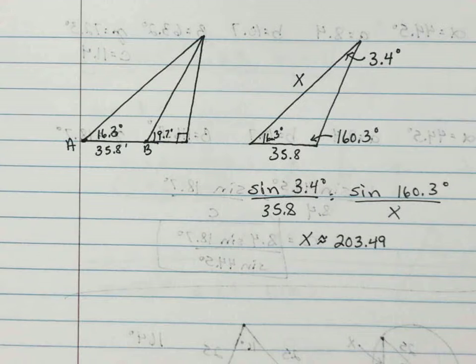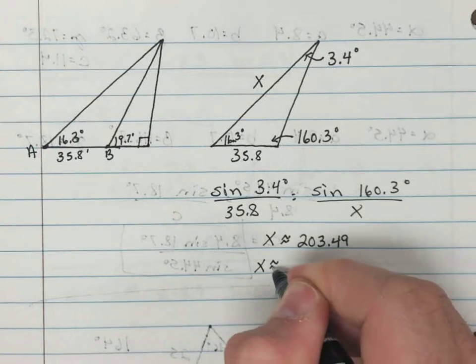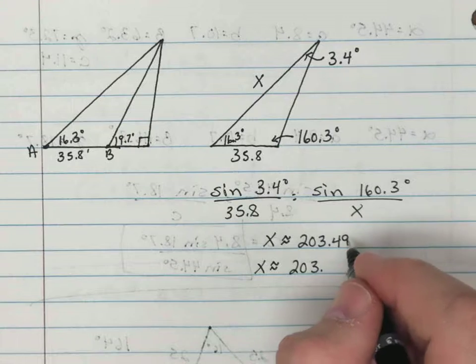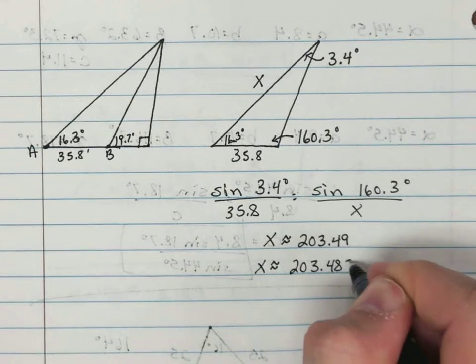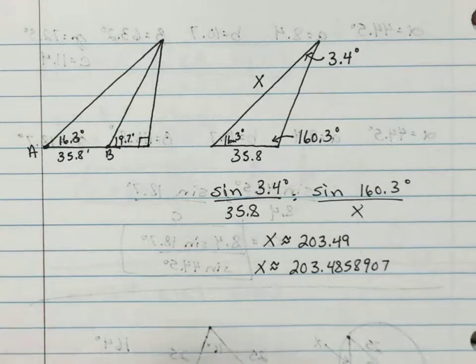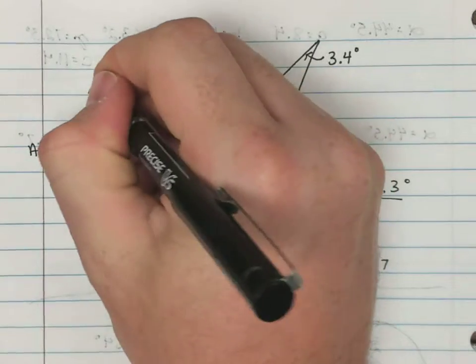But what you're going to want to do, we're fixing to use that. So you're either going to need to store it, or from what I told you yesterday, write down as many decimal places as you can. It's actually 203.4858907, which is much better to store into your calculator than to do this way. That is this value.